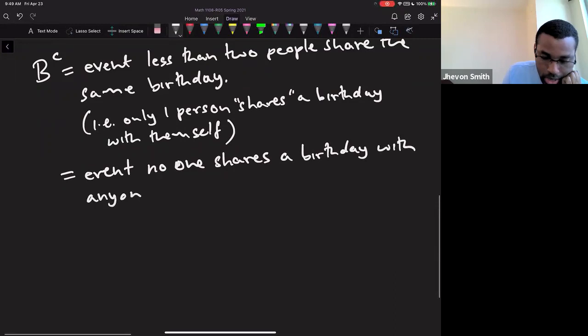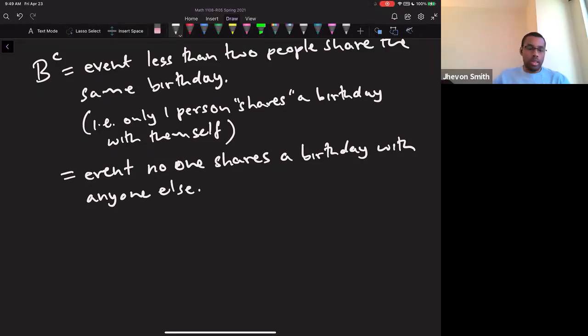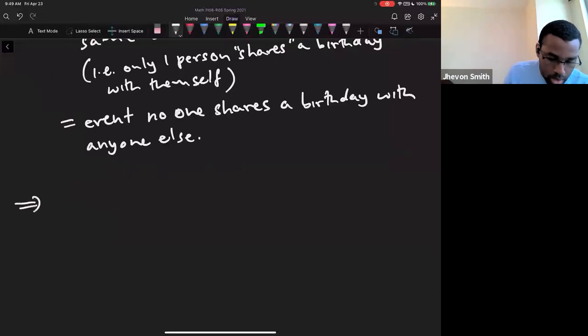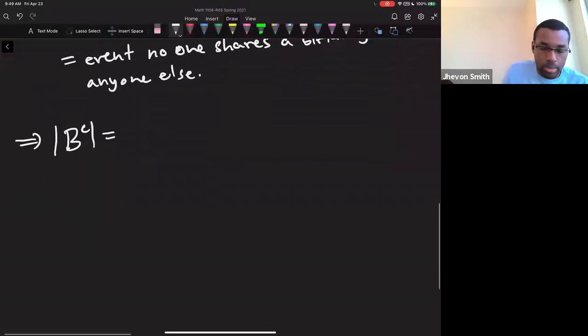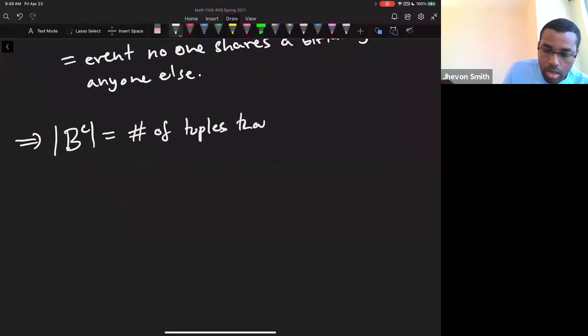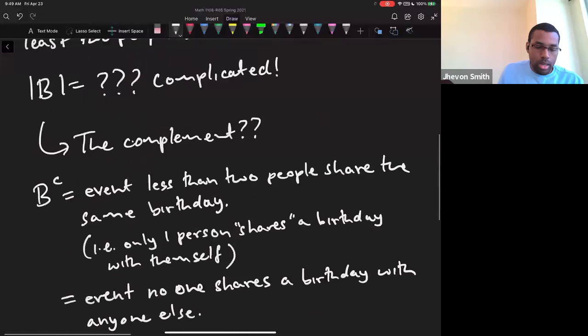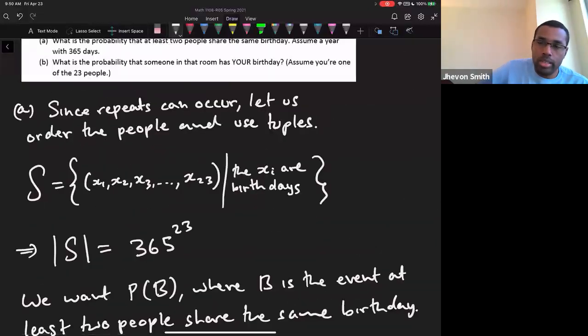Now, once you realize that that's what you're counting, that's actually a lot easier than the first situation. So essentially, the size of B complement is easier to conceptualize. It's the number of tuples in S that have no repeats. If S is just all the possible lists of birthdays, we just want all the lists where no two of these are the same.